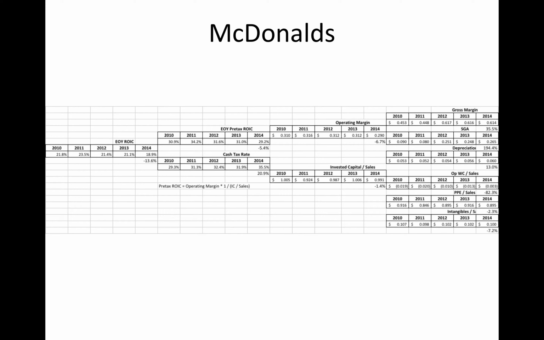So, back to pre-tax ROIC. Let's put these two analyses together. The productivity improved slightly from $1.50 to $1.51, about 1.4%, because despite the worsening operating working capital to sales, from negative 1.9 to negative 0.003, the PP&E productivity and the intangible productivity, going from 91.6 to 89.5 and 10.7 to 10, offset the working capital and allowed for a slight improvement over McDonald's.